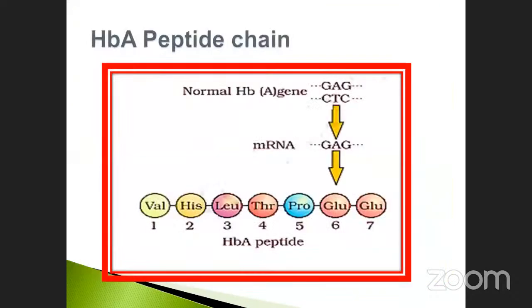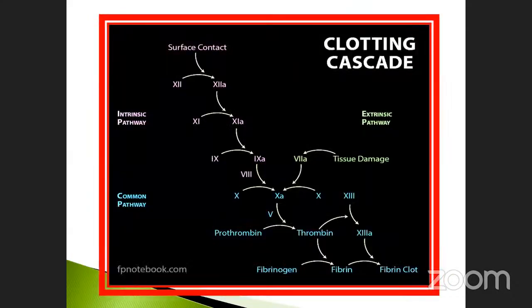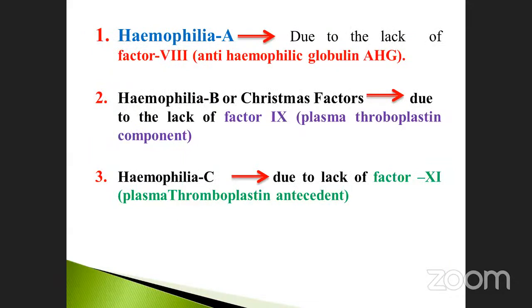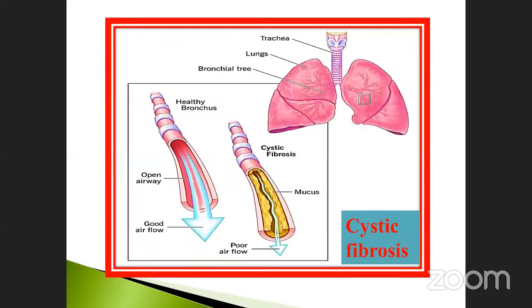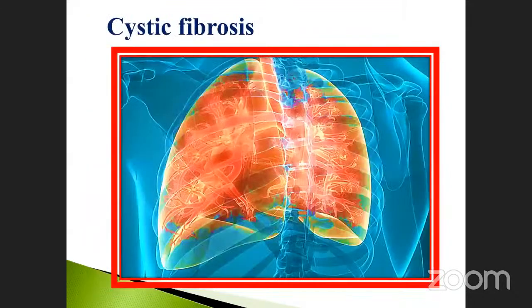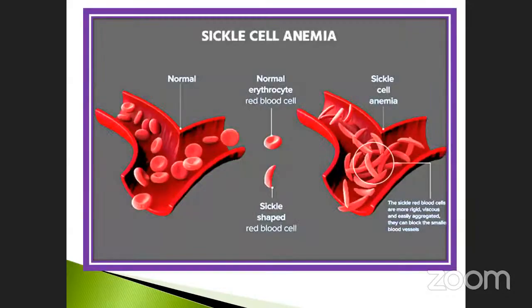The remaining things we will see in the next classes, my dear students. So what are the things we already discussed here? There are four diseases we already discussed. One is hemophilia, and the second one is also hemophilia. How many types are there? A and B, and C is also there. And cystic fibrosis. What is cystic fibrosis? The mucous membrane, which enzyme, which protein, which chromosome is involved; those things we already discussed. And sickle cell anemia. What are the pairs? There are two genes responsible.